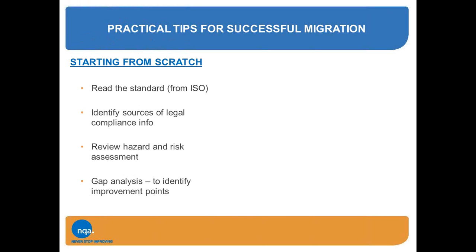Get a copy of the standard, read it, identify the sources of legal compliance information that you'll need to identify appropriate to your organisation, review your hazard and risk assessments and controls appropriate to what you've already got, and if need be, look at a gap analysis to identify improvement points against the standard requirements.